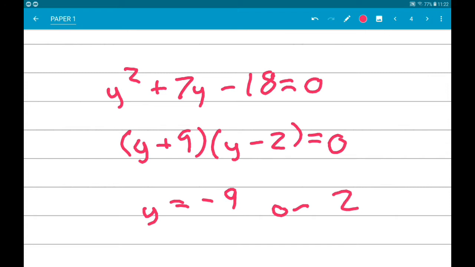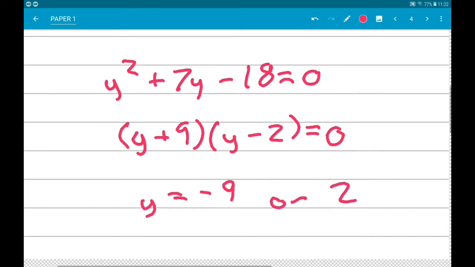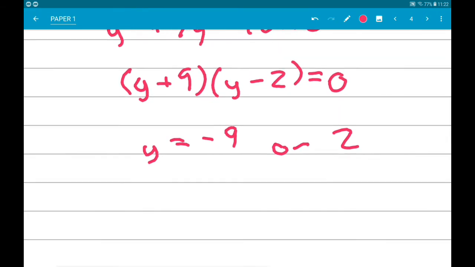Now remember, y is b squared, so b squared can equal -9. Now that we can't square root, so there are no real solutions.